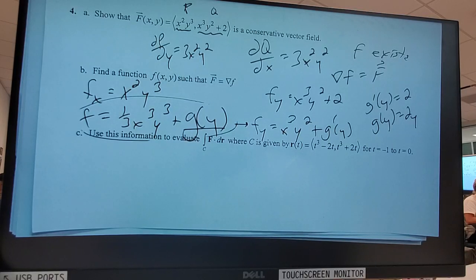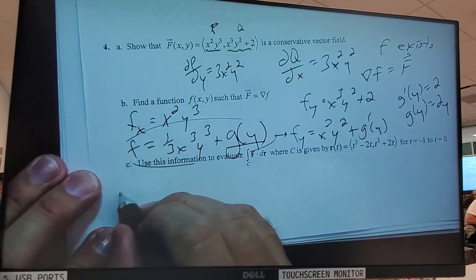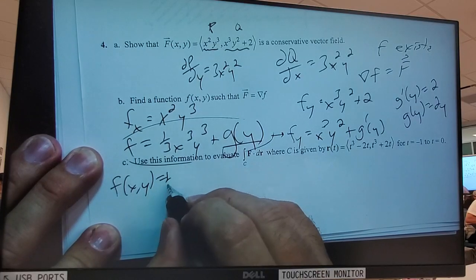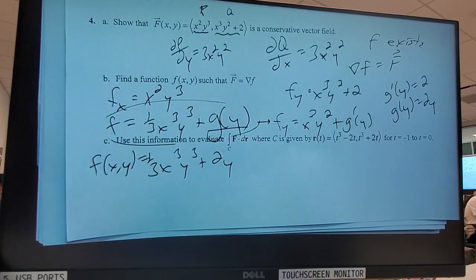That's because what I'm going to use this for is to evaluate this integral. So there's going to be like f of r of b minus f of r of a, so whatever the c would have been, it would cancel. But the y is going to contribute to this integral. So what is f? 1/3 x cubed y cubed plus 2y. Kick ass.